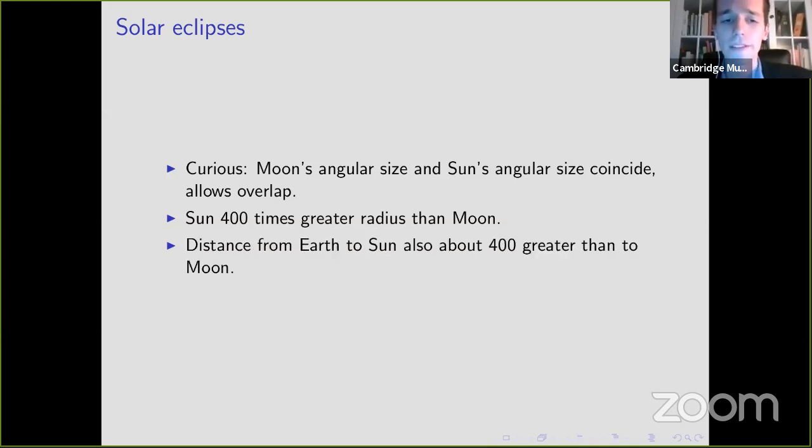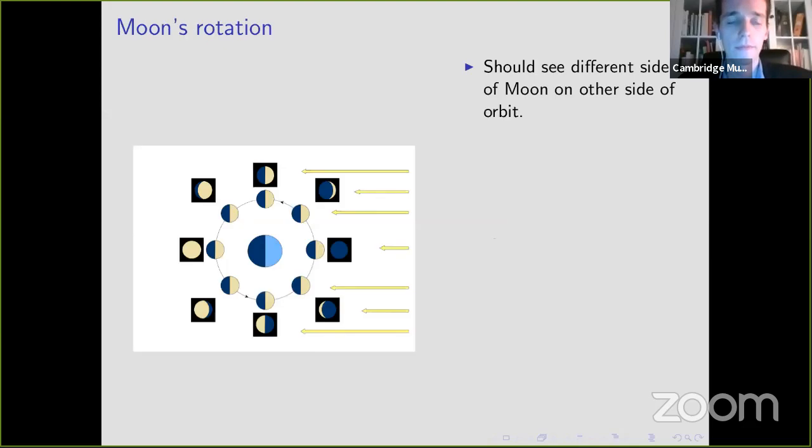But it so happens that the distance from the Earth to the sun is also about 400 times greater than the distance from the Earth to the moon. These two cancel each other, and the angular size of the moon and the angular size of the sun coincide. There is no known explanation of that coincidence.